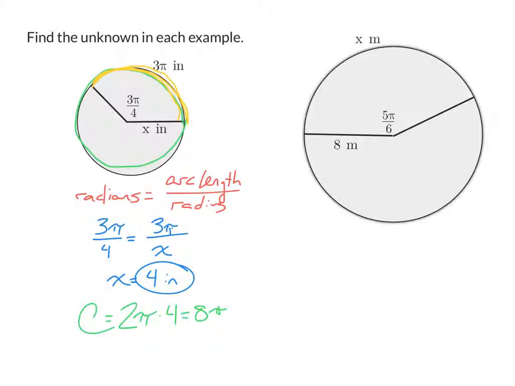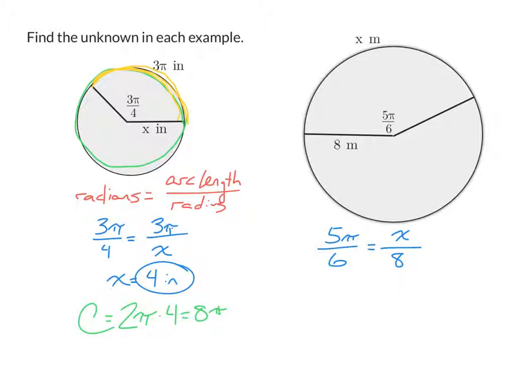In this example, what we don't have is the arc length. So we fill in our radians as 5 pi over 6. We don't know what the arc length is, but we do know that the radius is 8.